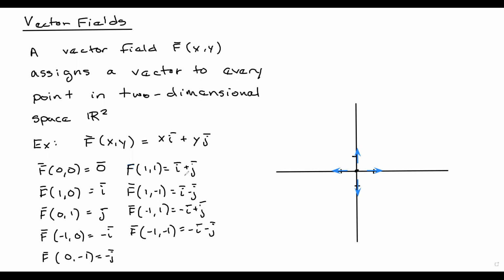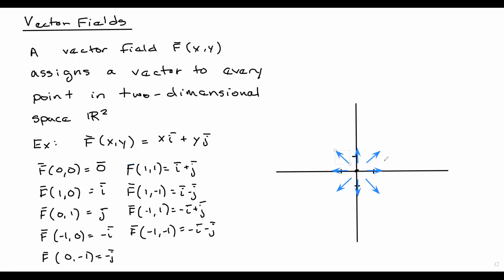So i plus j is the vector that goes 1 unit in the x and 1 unit in the y. So it's kind of like a combination of these two vectors here. If you combine them, that's going to be our vector. And then we've got that one there, that one there, and that one there.